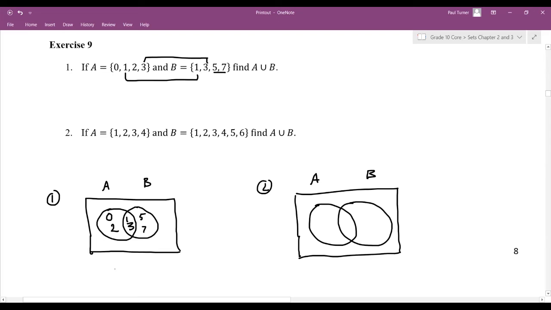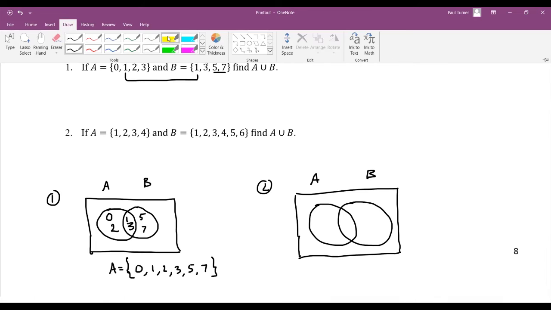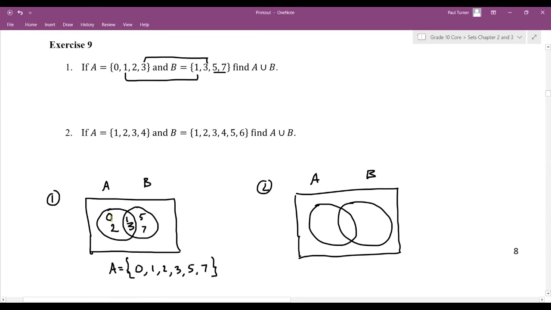So your union is just everything that I've written in, actually. So it'd be 0, 1, 2, 3, 5, 7, like that. Everything. Intersection would be only 1 and 3, like that. So that's your union there. But what did I write?